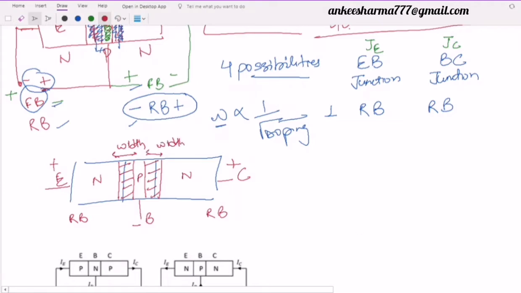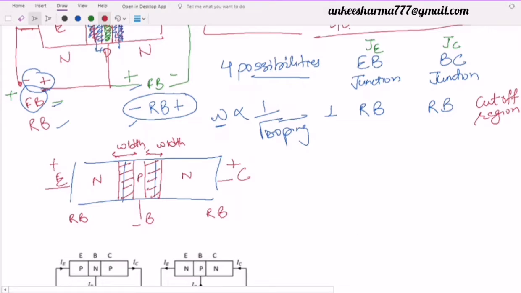It means, can I say, if both the junctions in a transistor are reverse biased, there will be no flow of current, and we will name it the cutoff region. This cutoff region will have very small current in practical scenarios, and that small current is due to the leakage current.